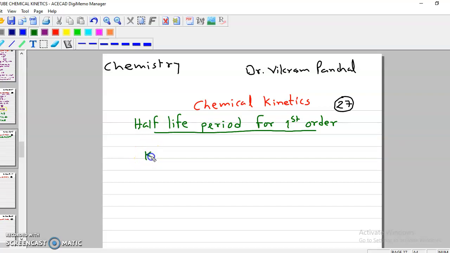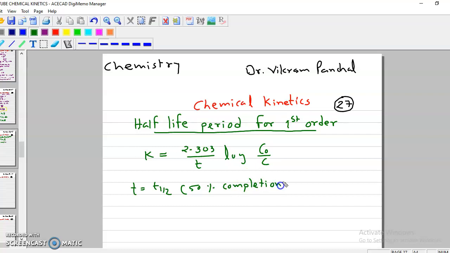So here we have the integration rate law, k is equal to 2.303 upon t log C0 upon C. When t is equal to t half, meaning 50% of the reaction completion, then C will be half of the initial concentration.